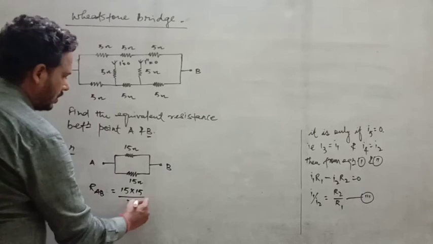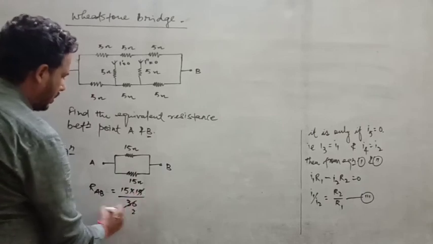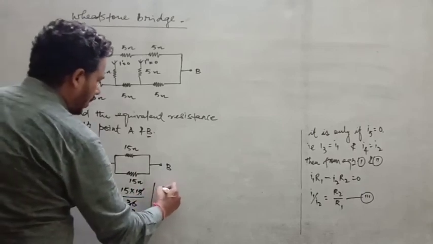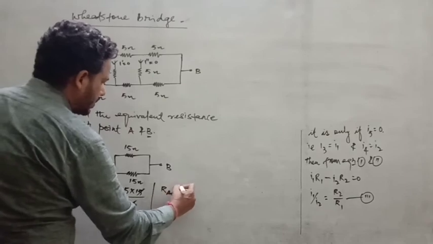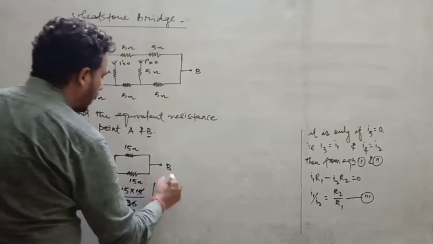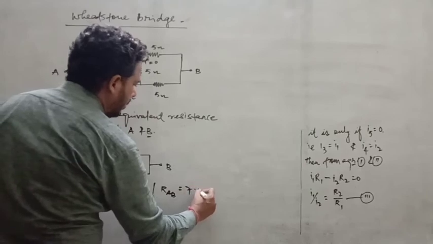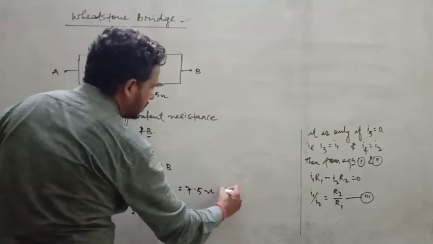So directly you can calculate that RAB, the equivalent resistance between terminals A and B, would be 7.5 ohm, and this is your result.